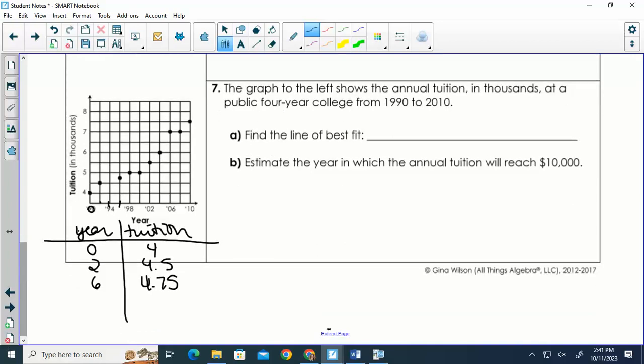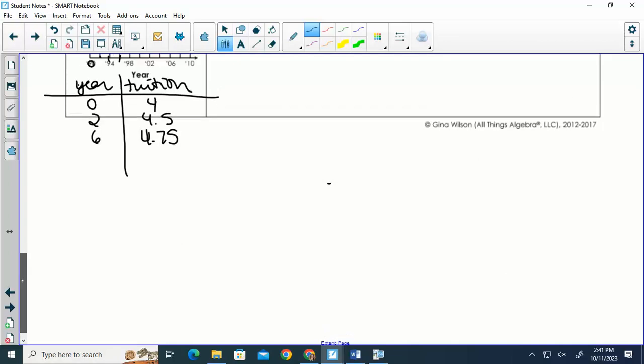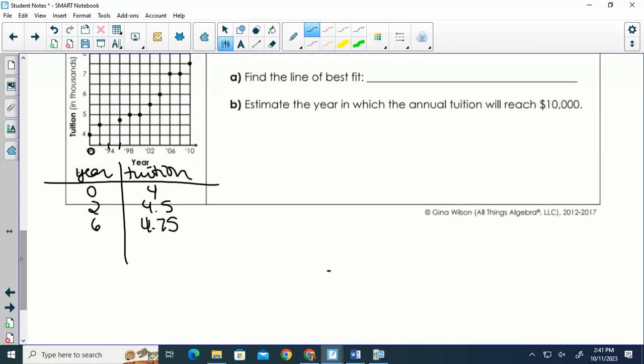So I'm just trying to read all of these points from my graph and write ordered pairs for them. This was at 8, 5, 10. The x-axis is counting by 2. So this one, my x would be 8, 10, this is at 12, and the y is 5.5.